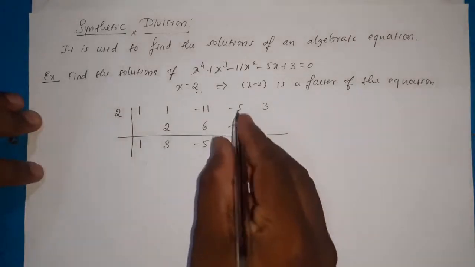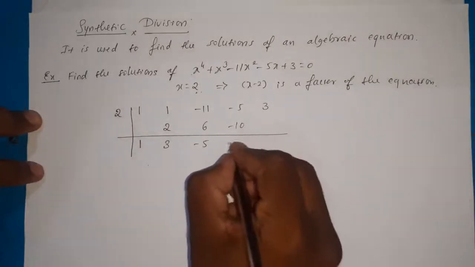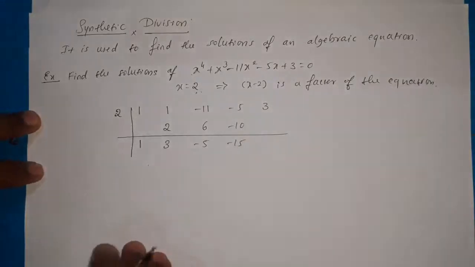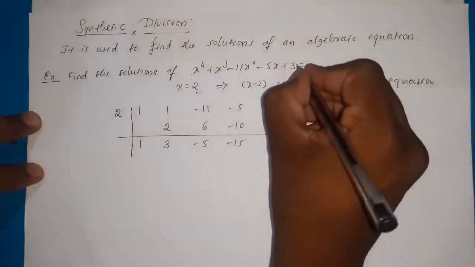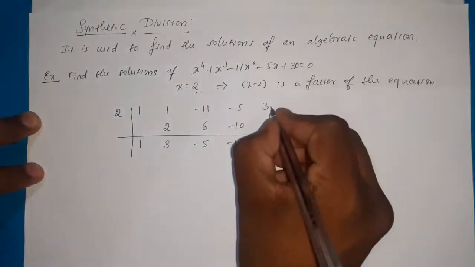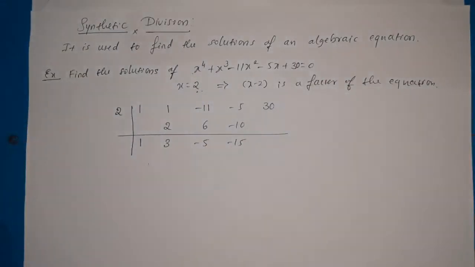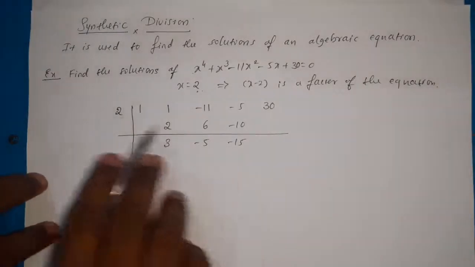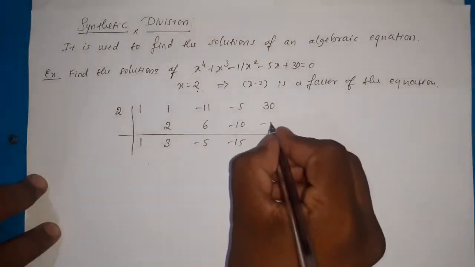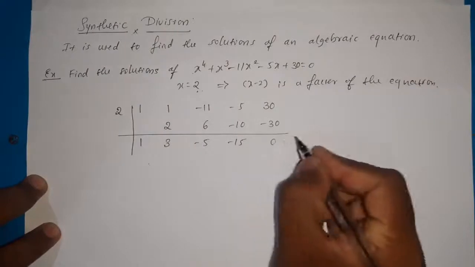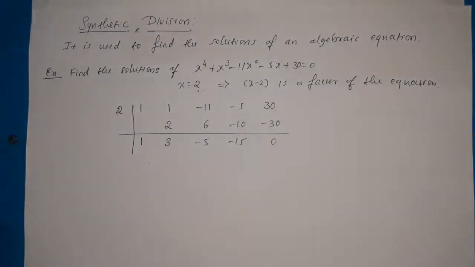Minus 10, and here the sum is minus 15. Sorry, here in this equation the constant term is 30, not 3, it is equal to 30. Then minus 15 into 2 is equal to what? Minus 30, and the last value is equal to 0.